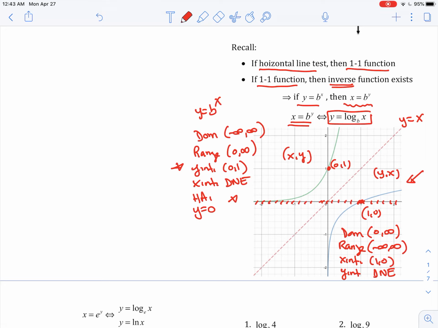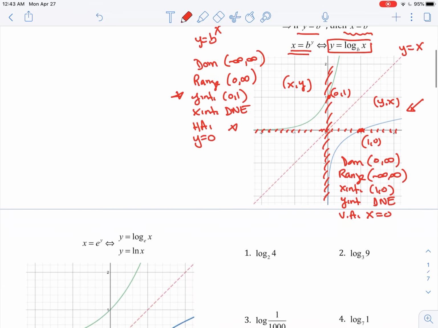And instead of having a horizontal asymptote, this equation of y equals 0, our logarithmic functions are going to have a vertical asymptote at x equal to 0. So we have this vertical line that our graph is going to get very close to, but it is not going to cross over. Okay.